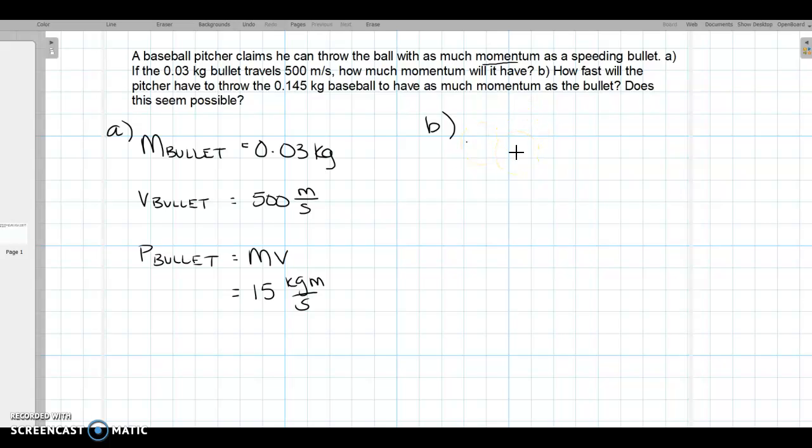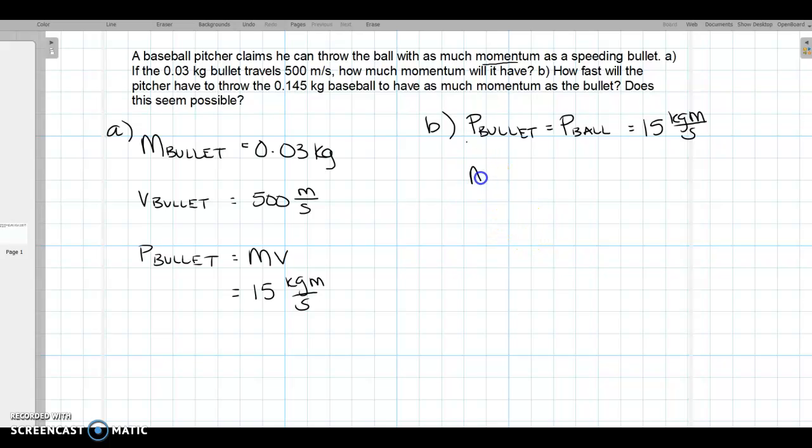With this increase in mass, how fast does the pitcher have to throw the ball? The momentum of the bullet has to equal the momentum of the ball, so it has to be equal to 15 kilogram meters per second.